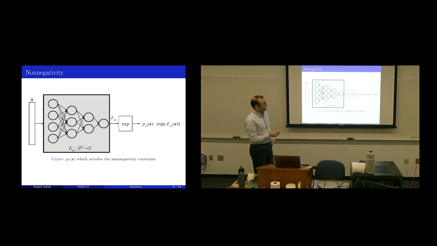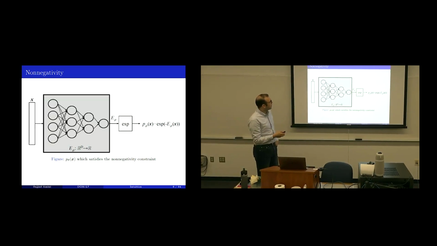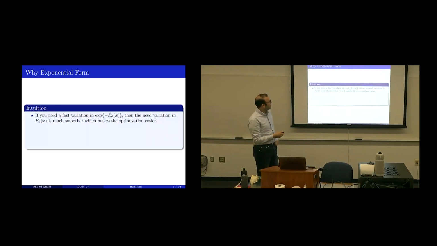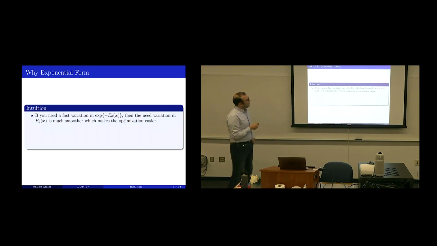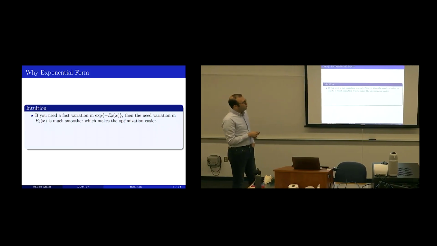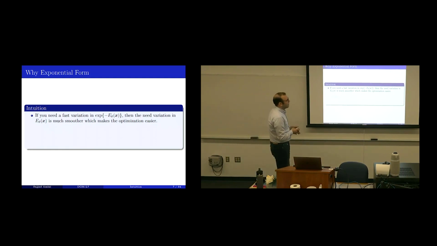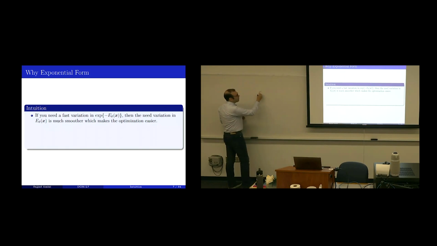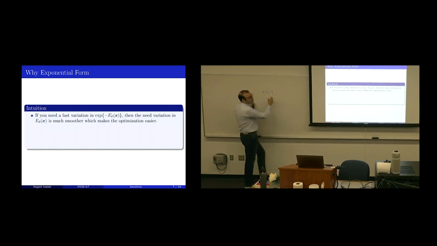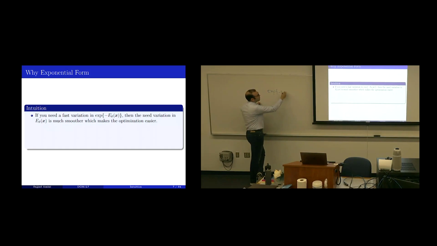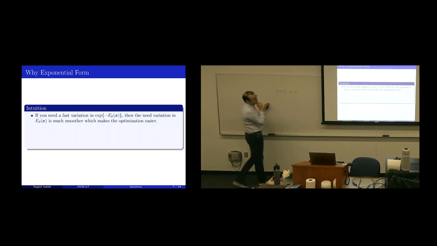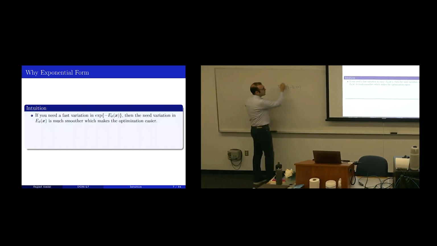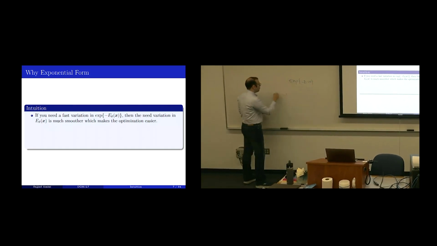But this option is the accepted option in the community because of several reasons. What are those reasons? The first reason: why do we use the exponent to make the result positive? Well, if you have fast variation in this function, for example, assume that in your training data there is a place where you observe lots of data.